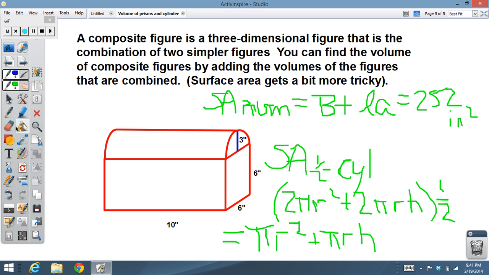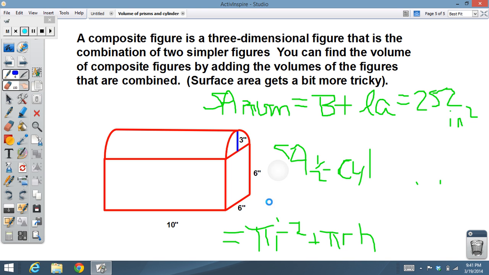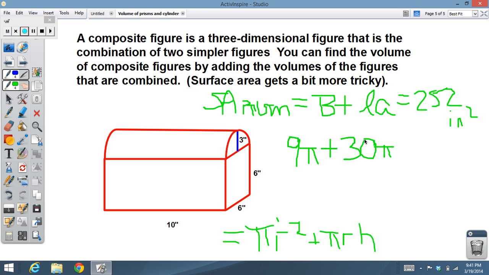And that's actually the calculation that I'm going to do on this. So follow along. Pi r squared, radius is 3, r squared gives me 9 pi, plus pi r h, r is 3, h is 10, gives me 30 pi. That equals 39 pi inches squared.